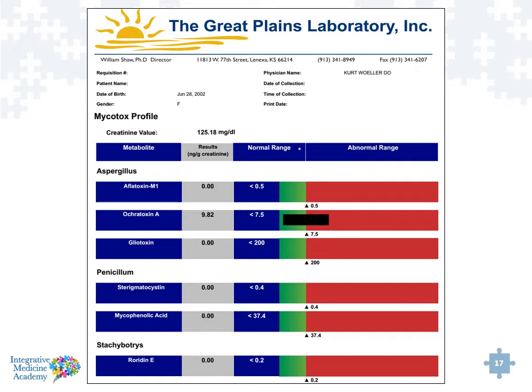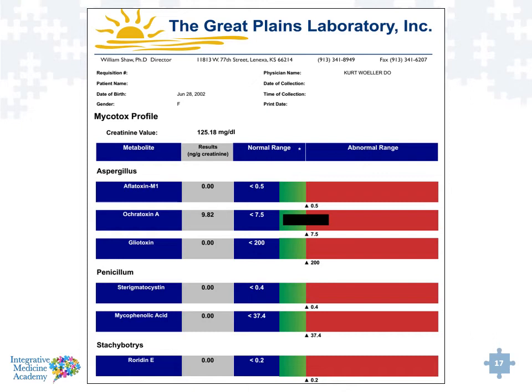But we notice that the Fusarium mycotoxins are all normal. So here we have an individual with active gut colonization picked up on the organic acid test, but their overall mycotox profile is not normal, but it's relatively normal, certainly compared to the last person I just showed you who had extremely high levels of mycotoxins.